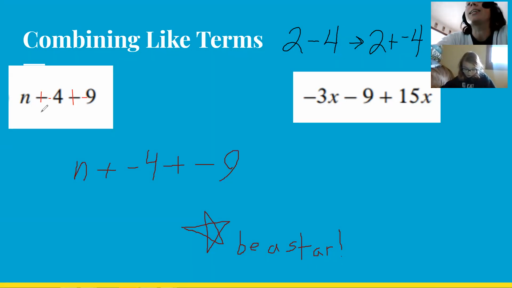Okay, so now we can clearly see what's negative. What can we combine there? What are our like terms? Yep, the -4 and the -9. They are both numbers. So what do we get when we combine -4 and -9?